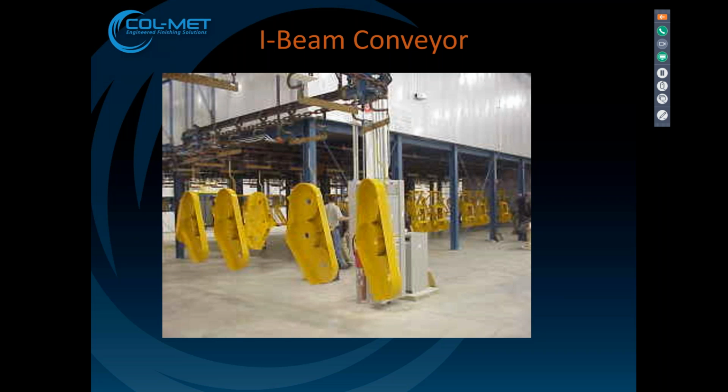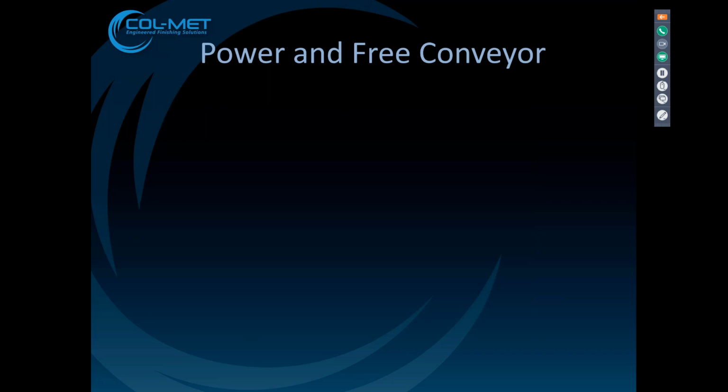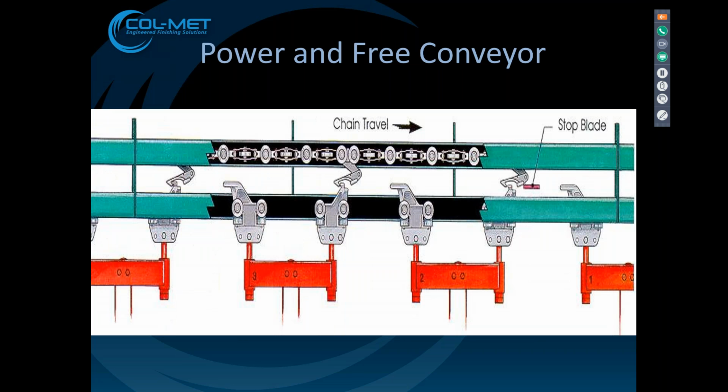One option that may be utilized is a power and free conveyor. Power and free conveyor enables a customer to index parts. He can move products and stop in each process if he needs to. These are typically utilized when we have space constraints, and for large parts where we can't do a continuous movement because of the length of parts.